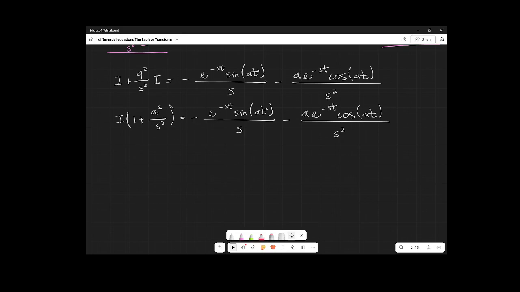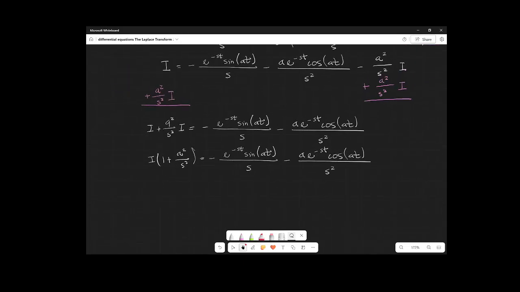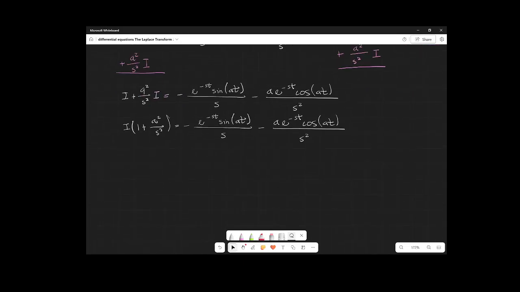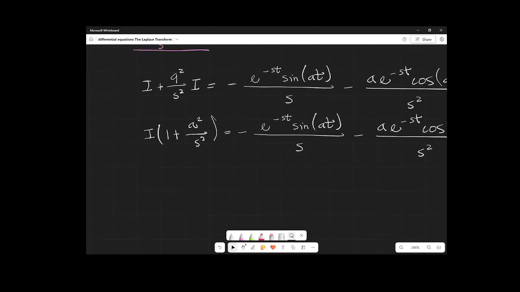s squared. Let me just start writing stuff. I'm thinking too much about this. Oh, and for this expression here, I can also get a common denominator.